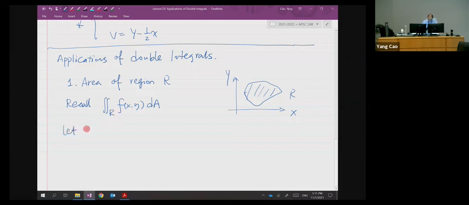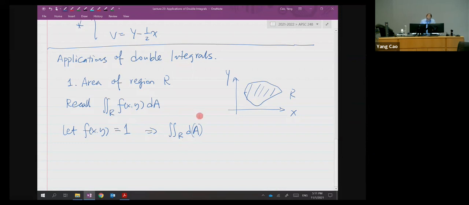Now, if I let the integrand function equal to 1, so f of x, y takes a value of 1, then the double integral becomes this. So you're integrating just the constant number 1 over the region R. So what you're doing here is essentially you have an integral and then you have a dA, and the A in essence refers to the area.